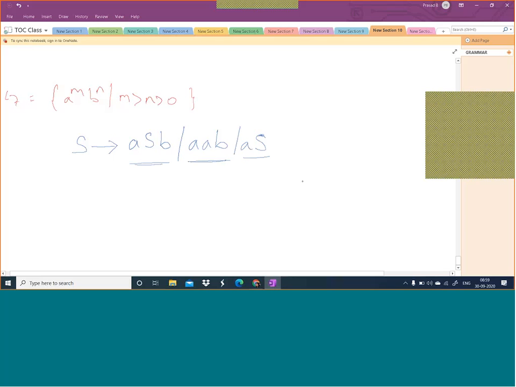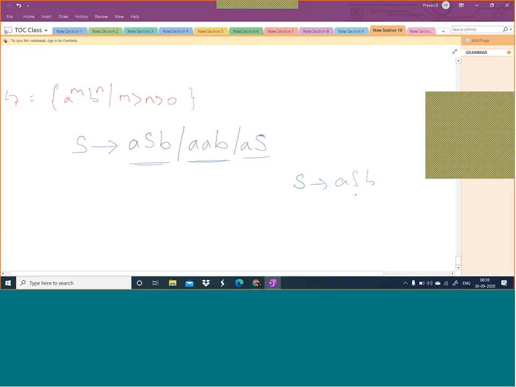As long as I go for ASB, it will give A's and B's equal. And if I want more A's, already this is A power 4, and in S place, this time I substitute AS. If I substitute one time AS, it will give one extra A. If I substitute two times AS, then it will give 2 extra A's. Three times AS, it will give 3 A's extra, like that.